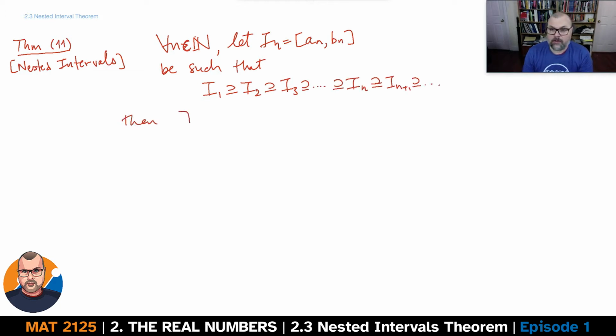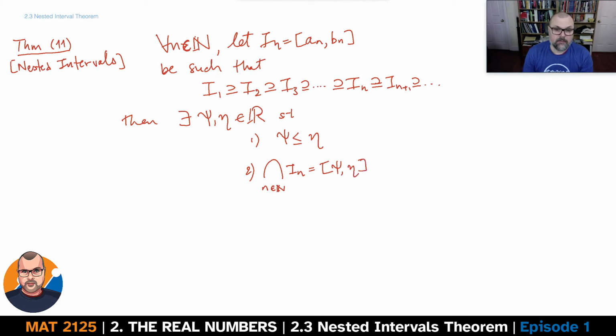then you can find ψ and η such that, on the one hand, ψ is smaller than or equal to η, and the important part, the intersection of all these intervals is actually the interval [ψ, η]. Note here that the interval is closed, just as the intervals in the statement are closed.